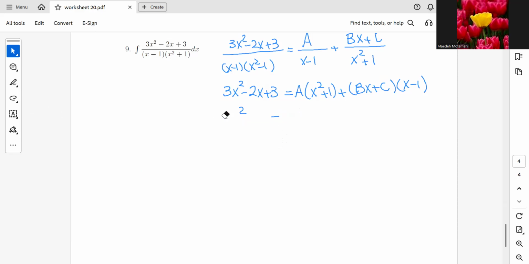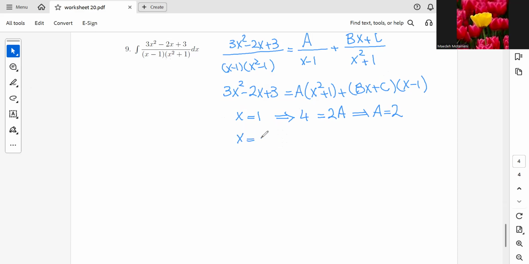Let's pick some numbers here. If you pick x equals 1, for the left side you would have 4, and for the right side you don't have the second term. For the first term, you get 2a. It means that a is equal to 2.